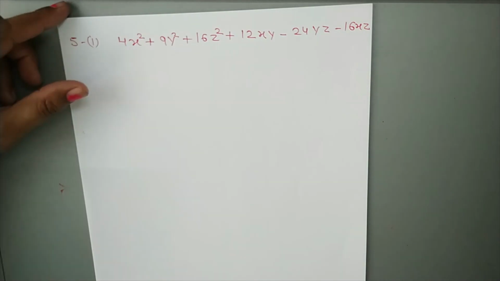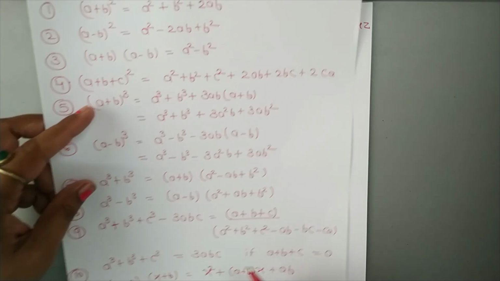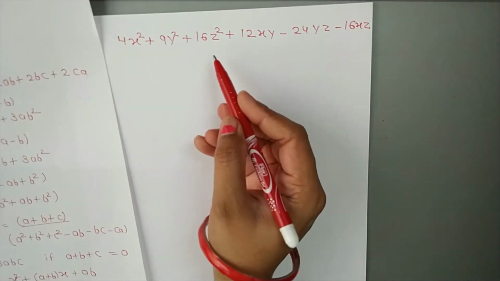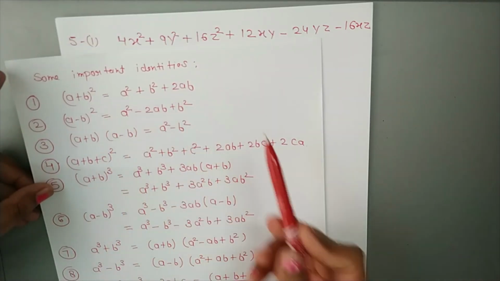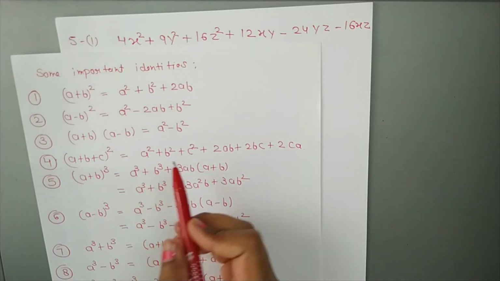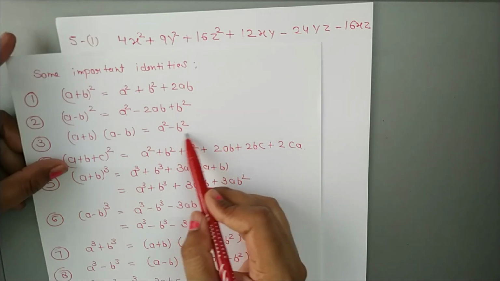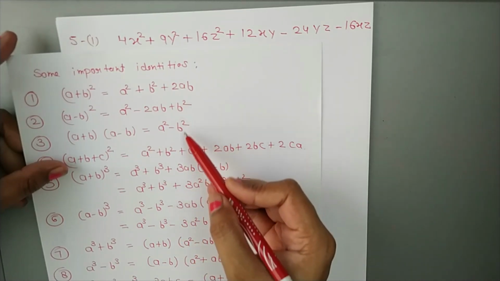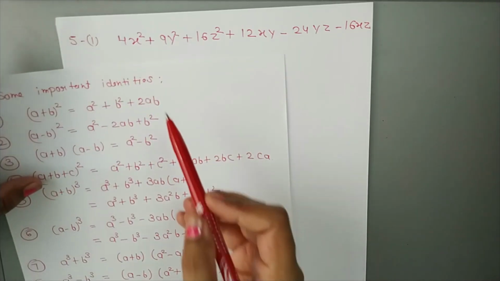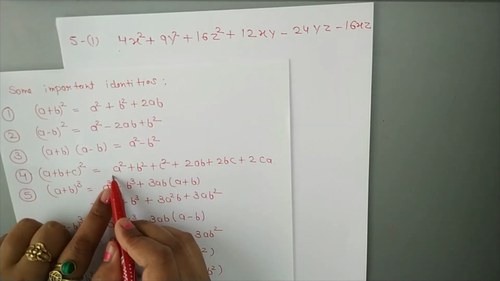Okay, so you have these identities, so which one will be applied in that question? You can observe the squaring identities, these are the 4 identities which can be applied, but here there are so many terms, so you can relate with this identity.